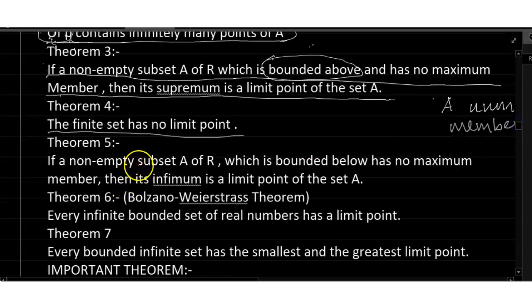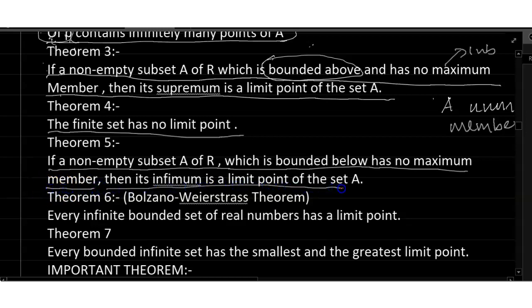Now bounded below is the same fact: bounded below has a lower bound. The infimum is the greatest lower bound, GLB, and the supremum is the least upper bound, LUB.